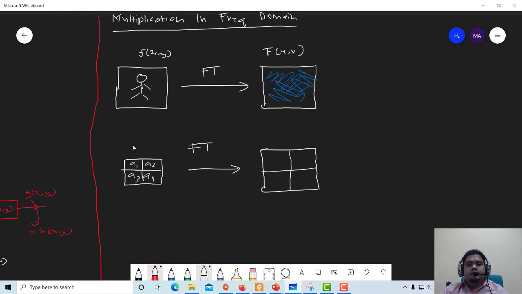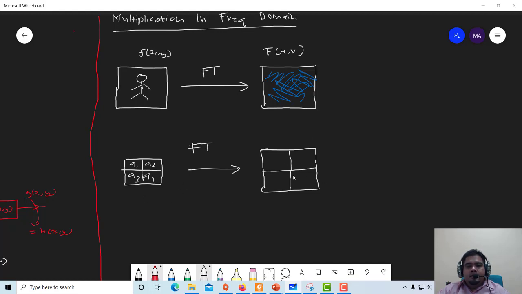If you apply the Fourier transform to a one-dimensional signal, it gives you a one-dimensional result. For a two-dimensional signal like an image, if you apply the Fourier transform, it will provide an image matrix of the same 2 times 2 size as the original matrix in the spatial domain.